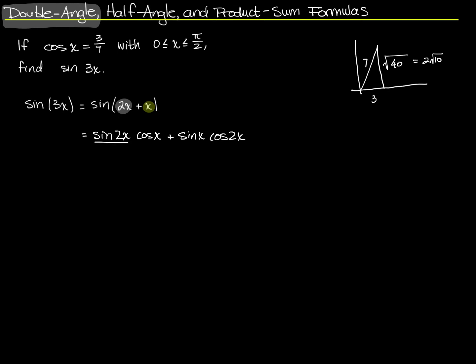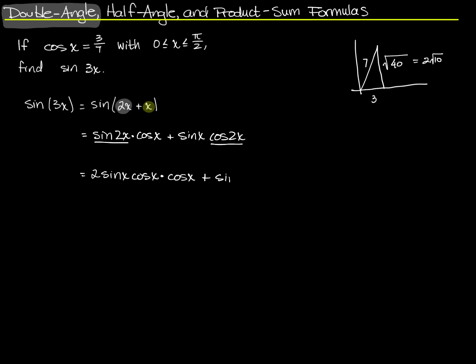And I know a formula for the sine of 2x, and I know formulas for the cosine of 2x. So let's rewrite this one more time. The sine of 2x can be written as 2 times the sine of x times the cosine of x. Then I have times, and then I have another cosine of x.